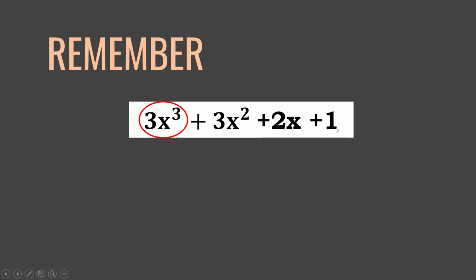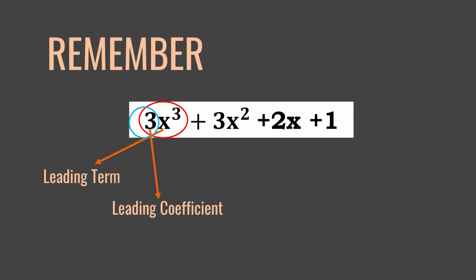So 3x cubed is our leading term. Remember, this is our first term, right? The first term is called our leading term, meaning it is the term that comes first. 3 is our leading coefficient. This 3 is our numerical coefficient, so it is our leading coefficient. And 3 is our degree of polynomial, meaning degree of 3. So remember that one. 3x cubed is our leading term, 3 is our leading coefficient, 3 is our degree of polynomial.